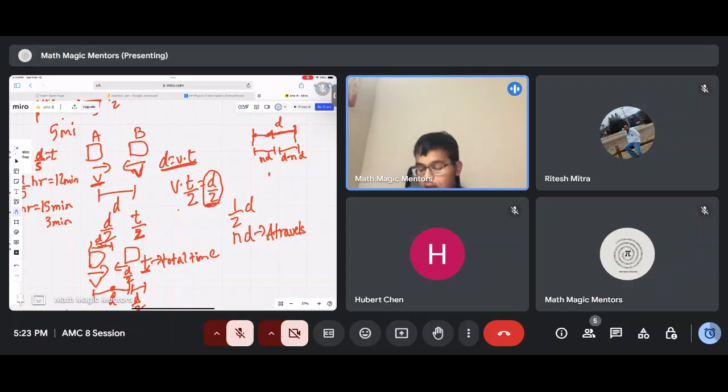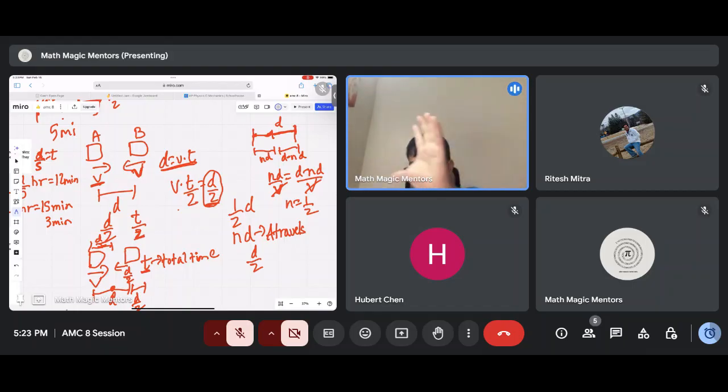That means that ND over V, because they're both moving at the same speed, is equal to D minus ND over V. And since V is the same, V cancels out, and we get N equals 1/2. So that means that at D over 2 they meet.